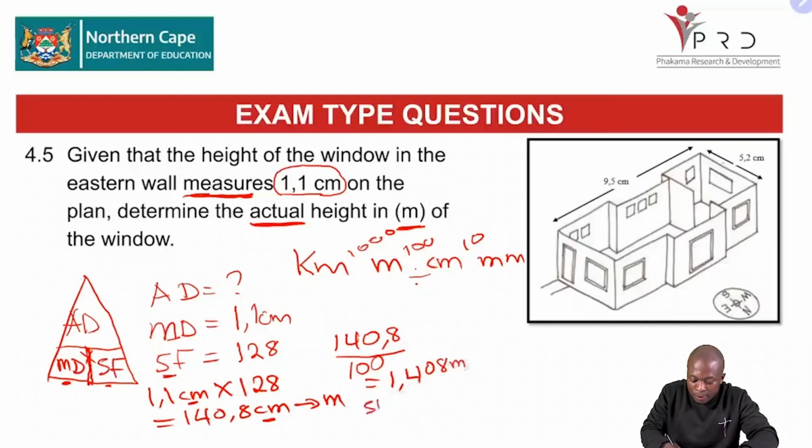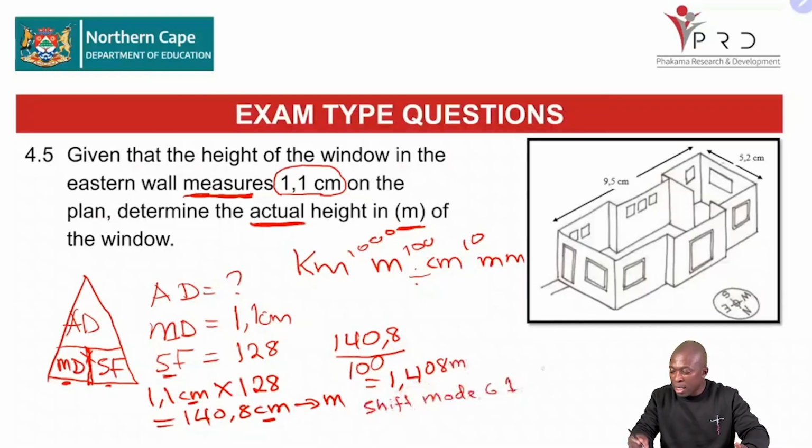press Shift, you press Mode, and then you press the number 6 and the number 1. That is if you want one decimal place. So let's try that. You press Shift, Mode, 6, 1.